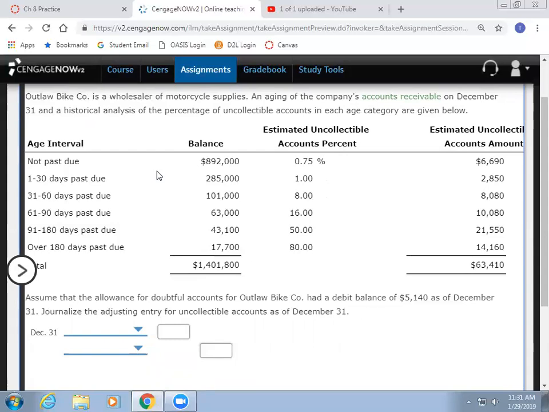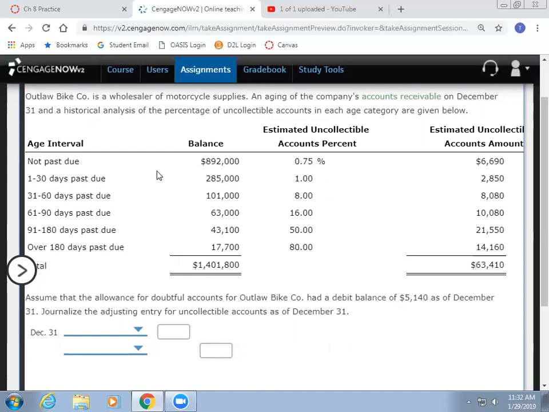So what that's saying is, let me erase this. So what we just solved for was our ending balance. So we want our allowance for doubtful accounts, we wanted to have an ending balance of 63,410. That's what our aging of accounts receivable solved for.